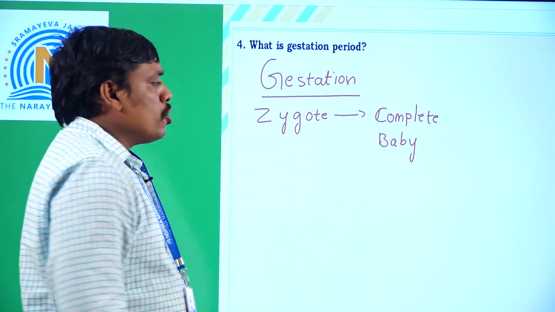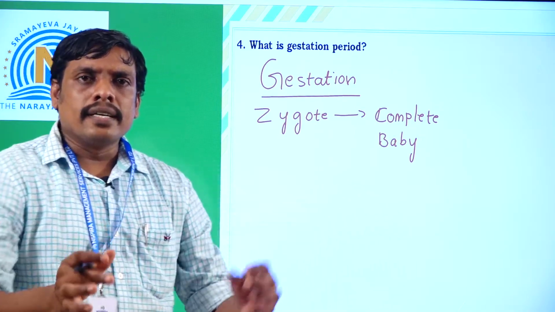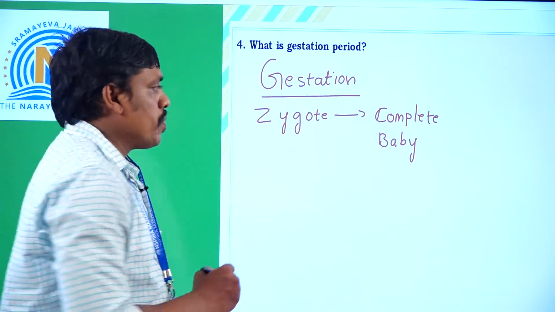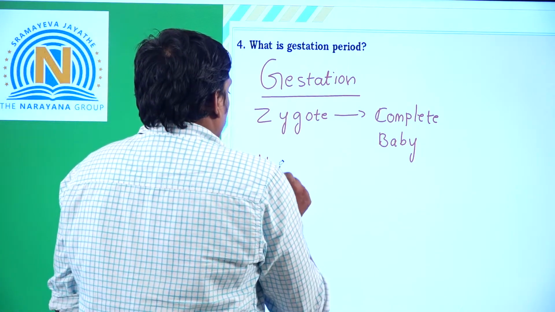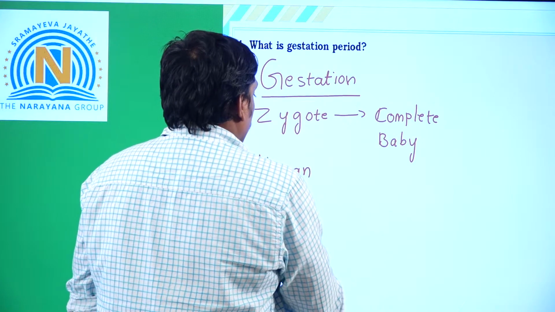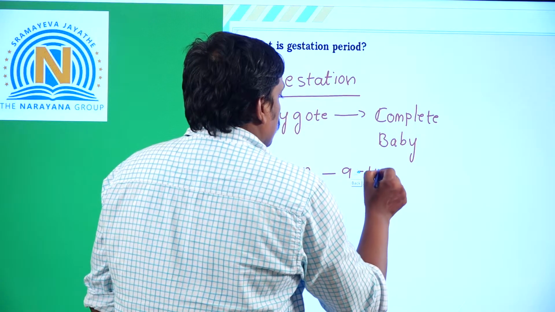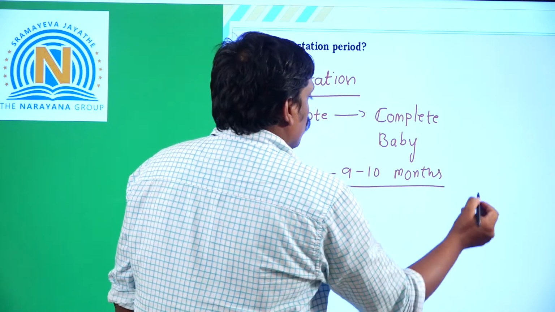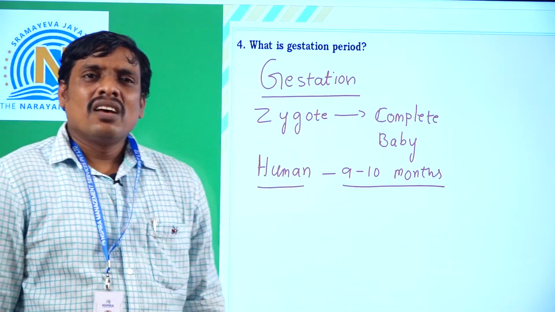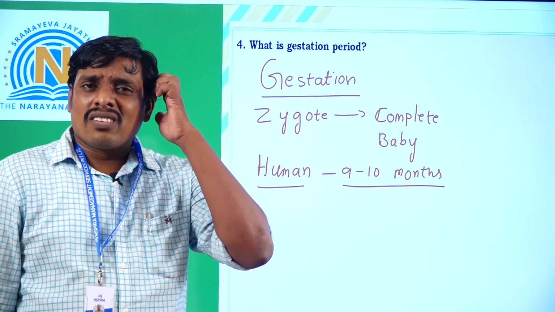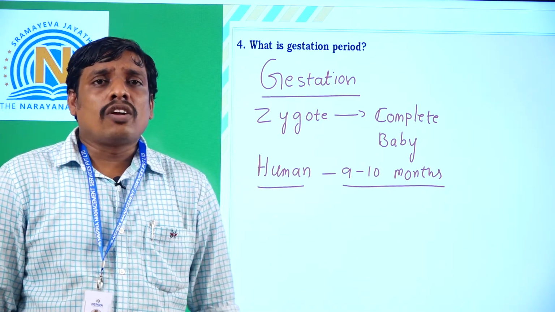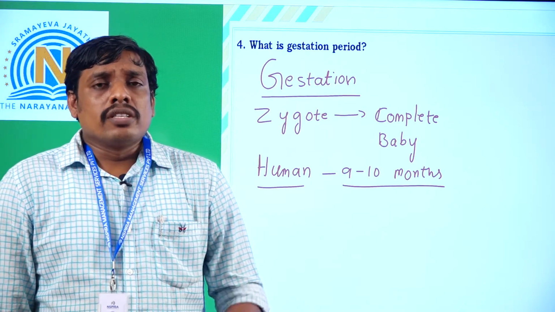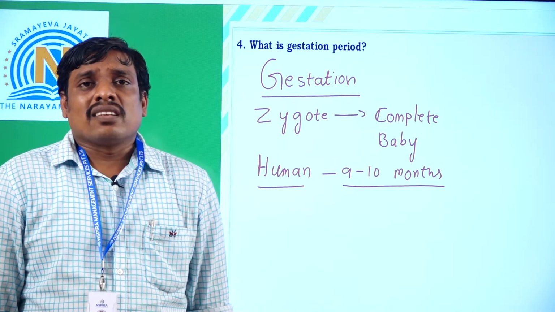The gestation period in different living organisms varies based upon the organism. Humans have a gestation period of about 9 to 10 months. For a cat or a dog, the gestation period is 60 to 70 days. In a rat, it is 30 to 40 days.